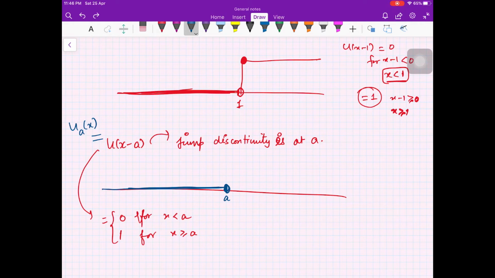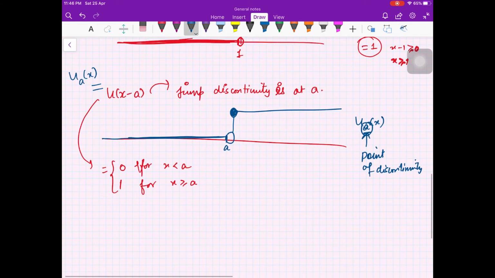Here it should be an open dot, let me very clearly show, this should be an open dot. It means that this point is not included. So this is the graph of the unit step function u_a(x), having this a represents the point of discontinuity, right?